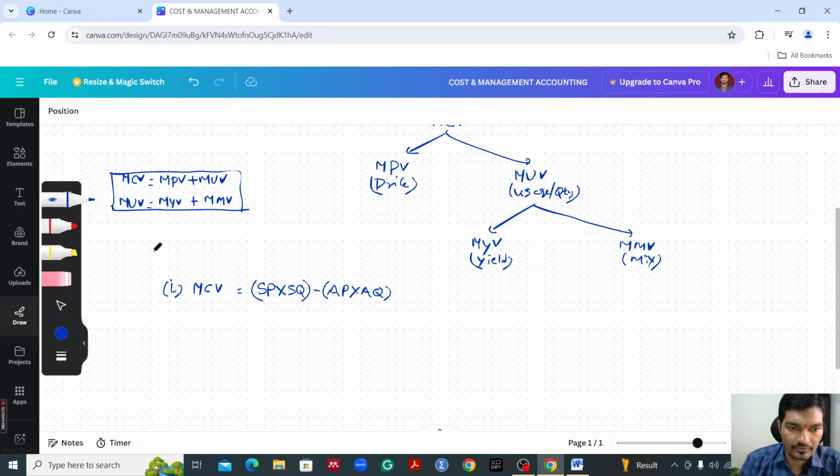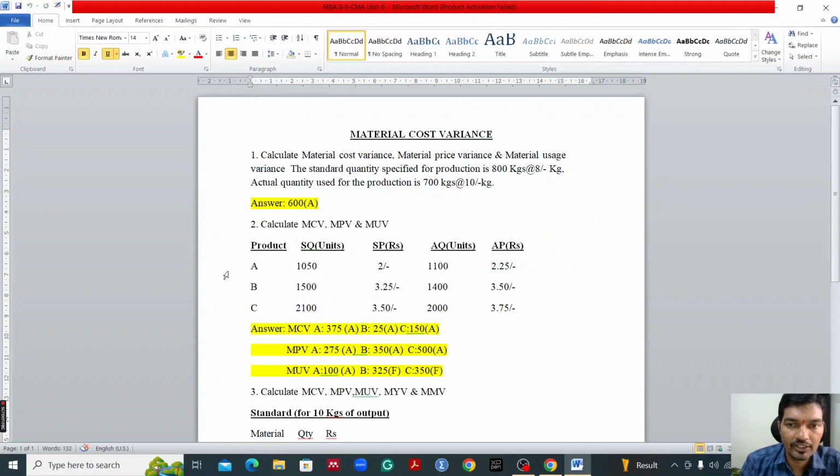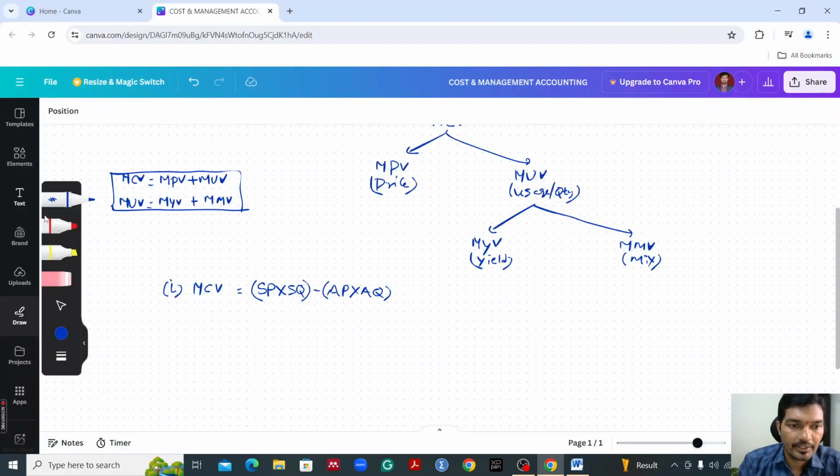Before we solve this sum, we need to arrange the standard quantity, standard price, similarly actual quantity, actual price.